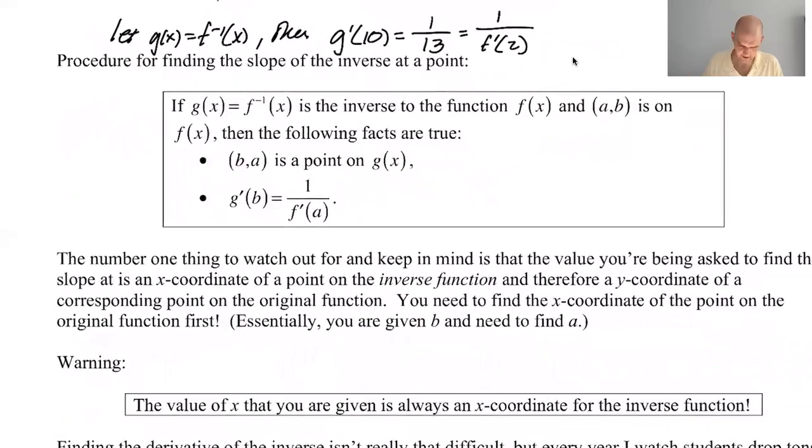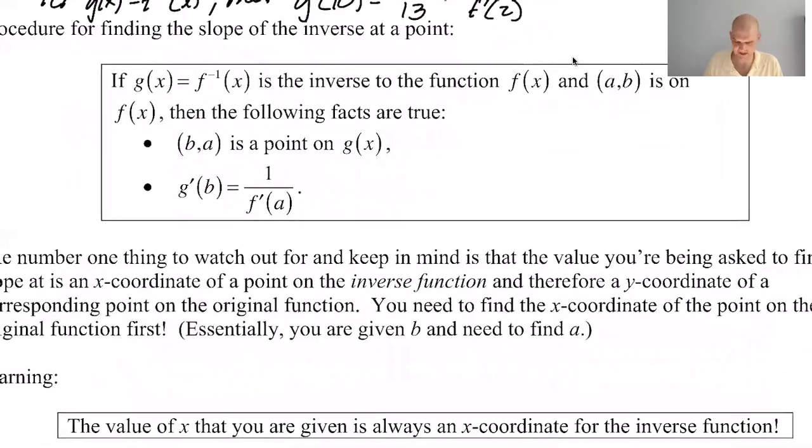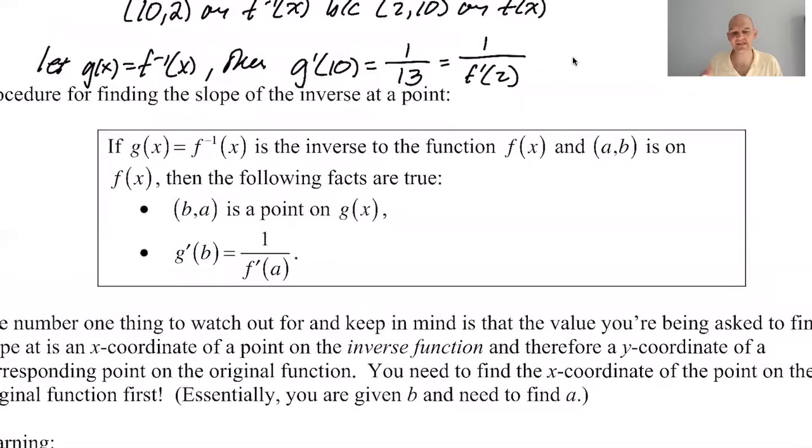They have this nice relationship, and we're going to use it all of the time. This is a summary of this, and this is how I usually think my way through it. g of x is f inverse. (a, b) is on f of x, so I automatically know two things. Since (a, b) is on f of x, (b, a) is on g of x, because it's the inverse.